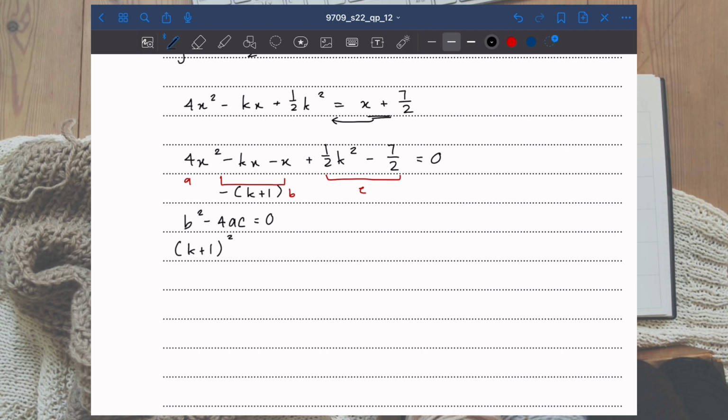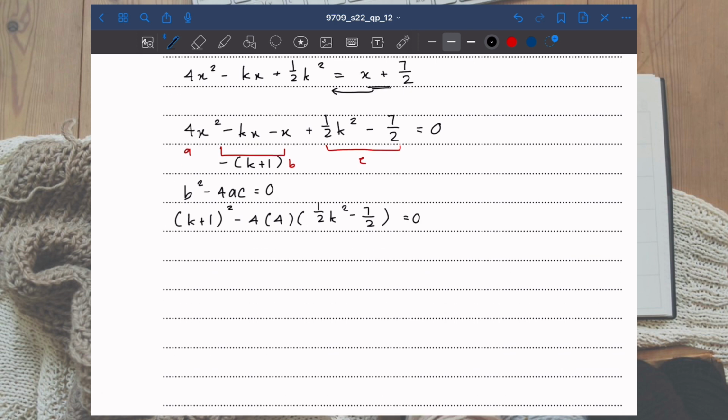We can also put negative k bracket k plus 1 bracket squared, but it will turn out the same value if we expand anyway. So I'll just put k plus 1 squared. Then k plus 1 squared minus 4 times a, which is 4, times c, which is half k squared minus 7 over 2, equals 0.